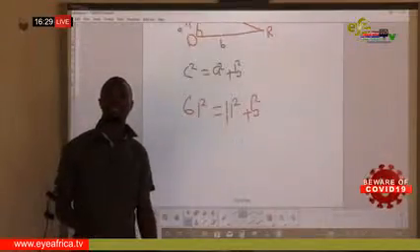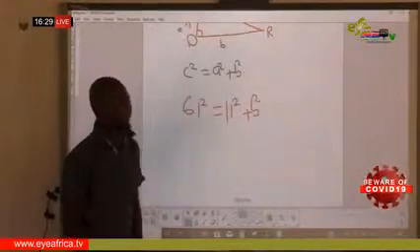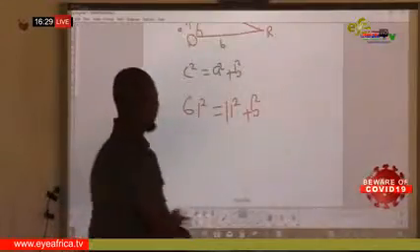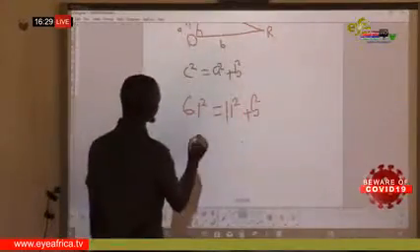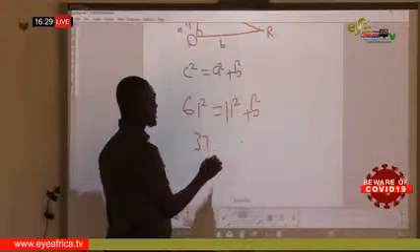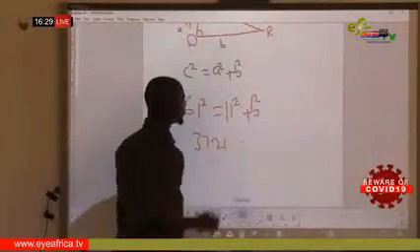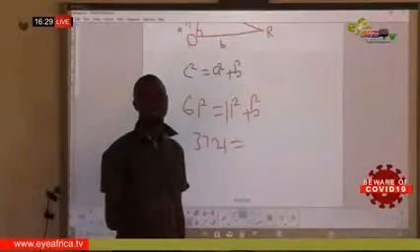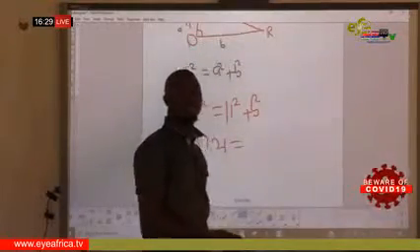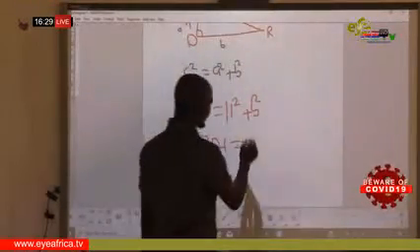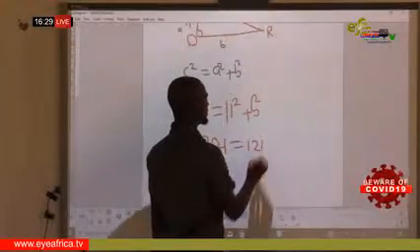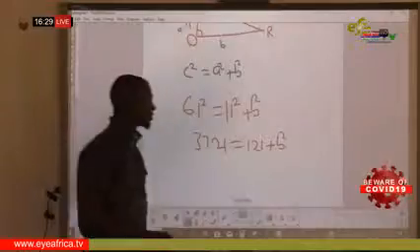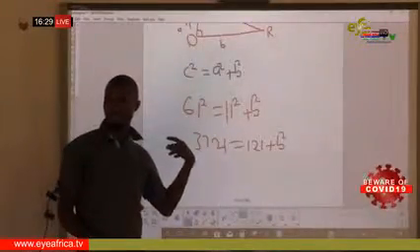61 square is 3,721. This equals 11 square, which if we calculate is 121, plus B square. We collect like terms.